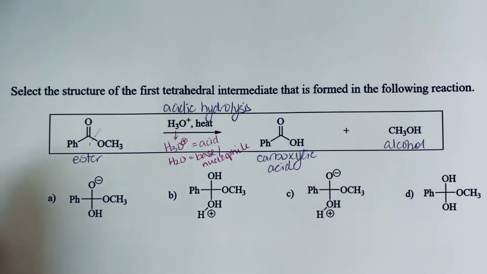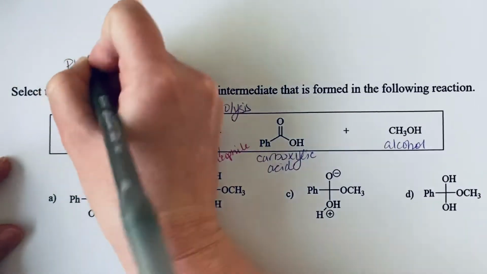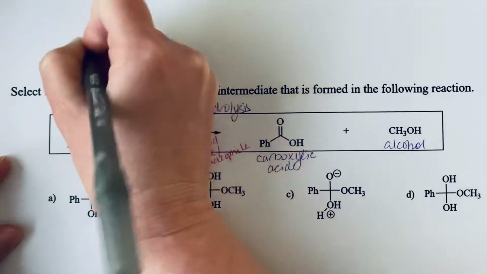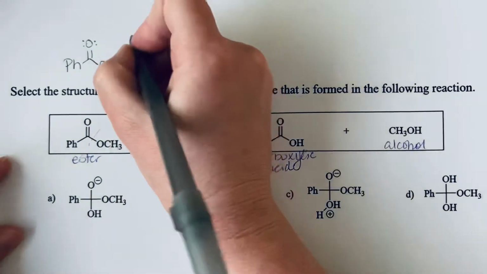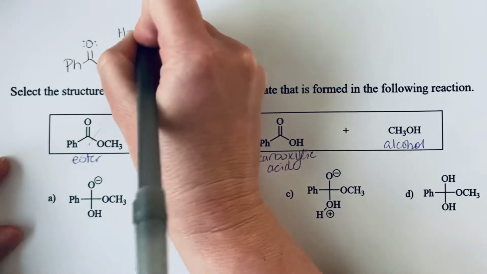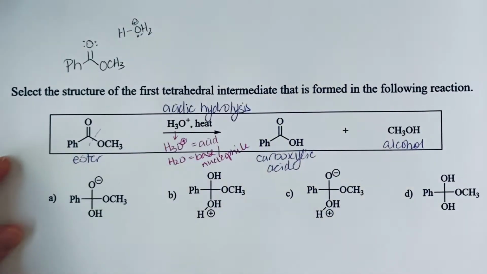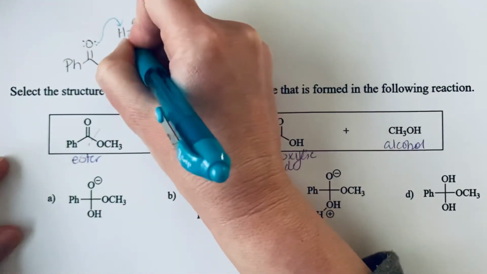So let's take a look at how the acid catalyzes this reaction. I'm going to start by redrawing this ester. The first step when you have an acid catalyst with one of these carboxylic acid derivatives is you're going to protonate that carbonyl oxygen. So I'm going to draw the H3O+ catalyst. The carbonyl oxygen in this first step is going to act as a base and take the proton from the H3O+.